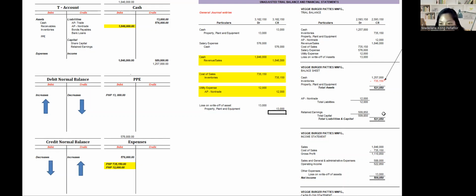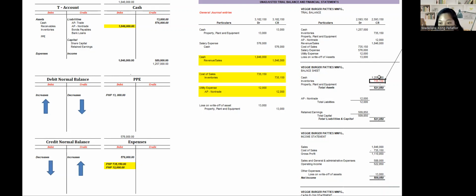So we have here a balance sheet account, yeah. And then inventories, why is this negative? Because we don't have a debit for inventory. Probably our accountant forgot to record that they bought raw materials first before they create a veggie burger patty.